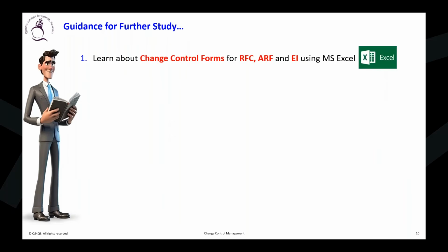I will explain that later on. So you have to understand the change control forms. You have to practice them and make one format by understanding them in Excel. Otherwise, you don't know what these forms are, and you don't know how to prepare them practically.